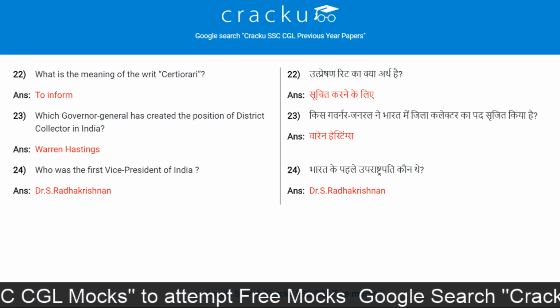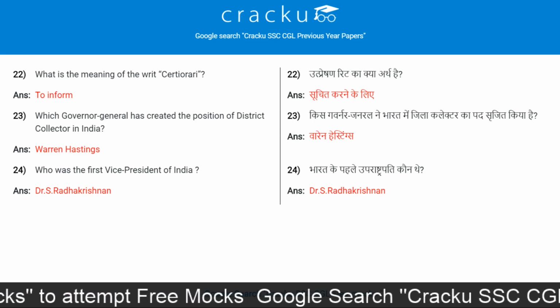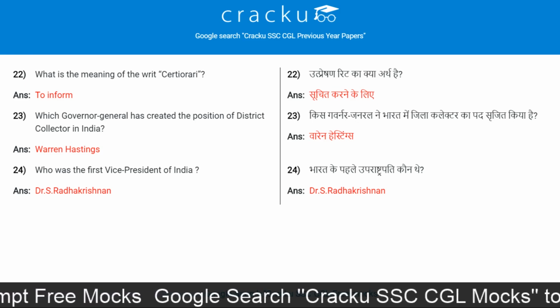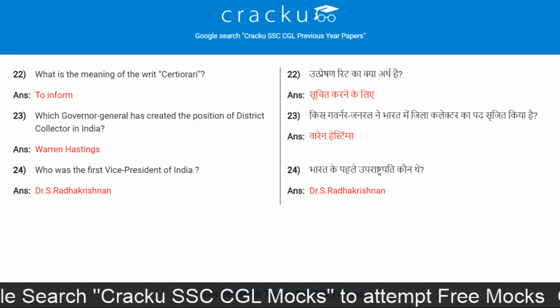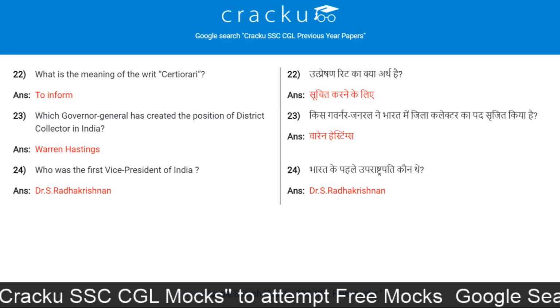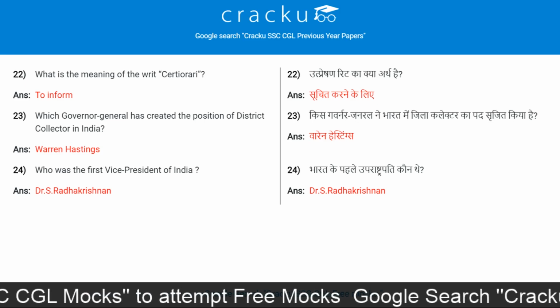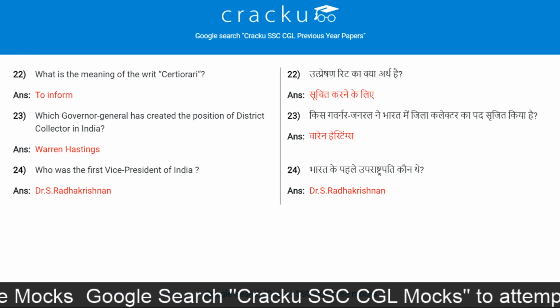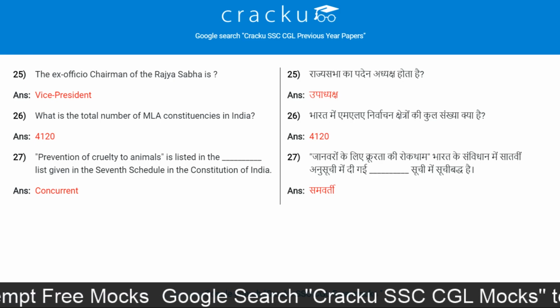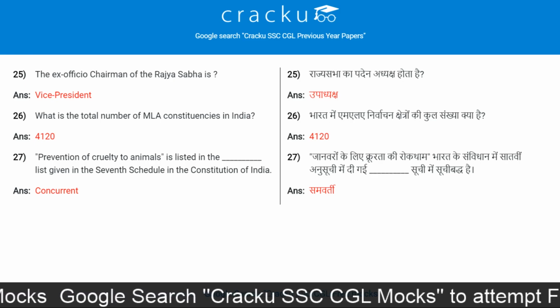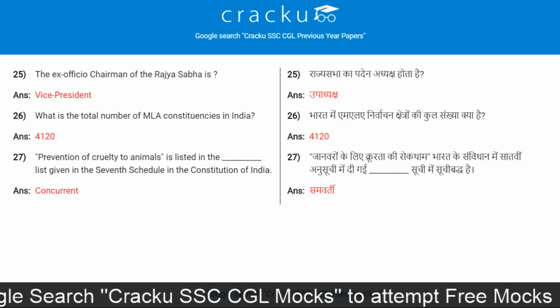Which Governor General has created the position of District Collector in India? Warren Hastings. Who was the first Vice President of India? Dr. S. Radhakrishnan. The ex officio Chairman of the Rajya Sabha is Vice President.